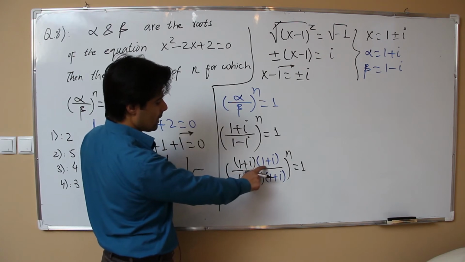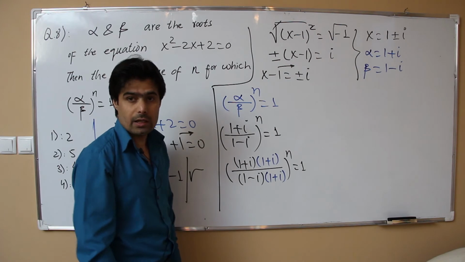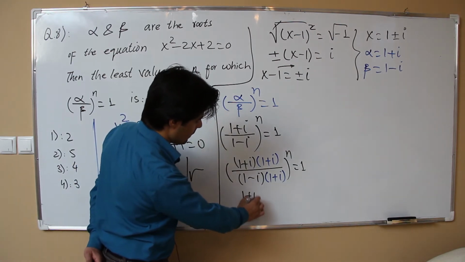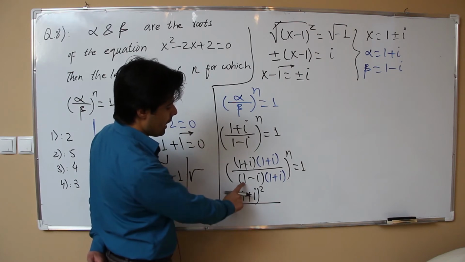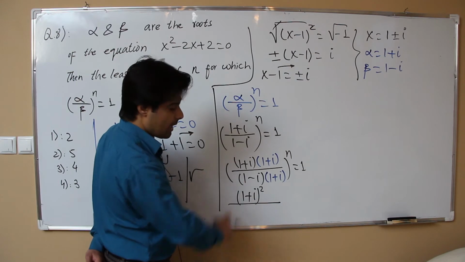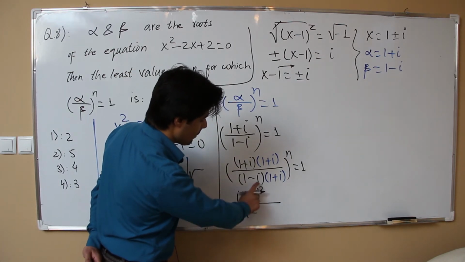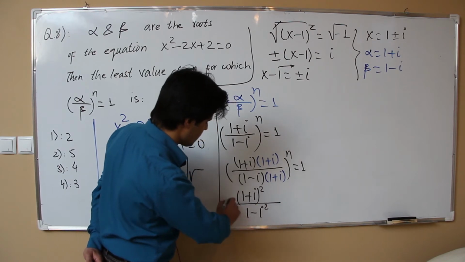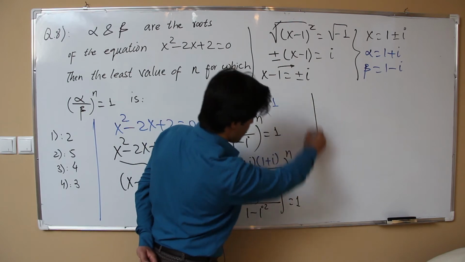This 1 plus i with 1 plus i, it is (1 plus i) square, divided by, a minus b, a plus b, it is a square minus b square, I mean 1 square minus i square, raised to the power n is equal to 1.